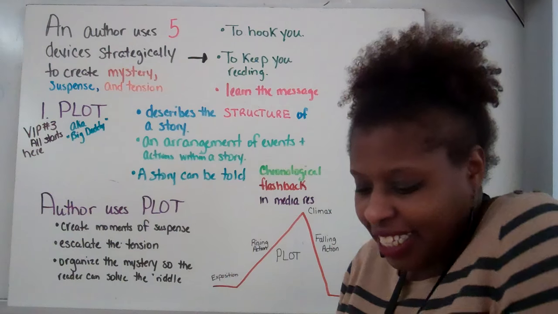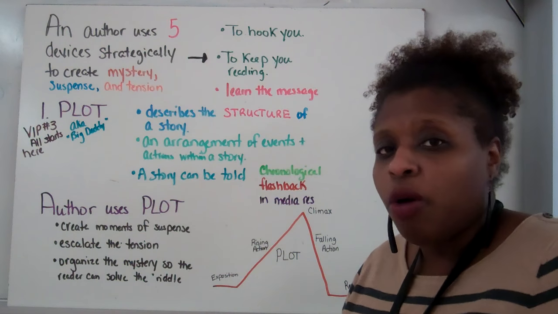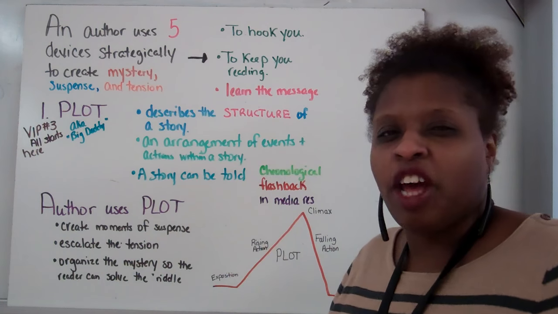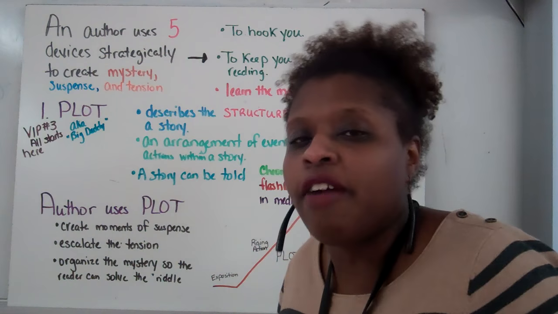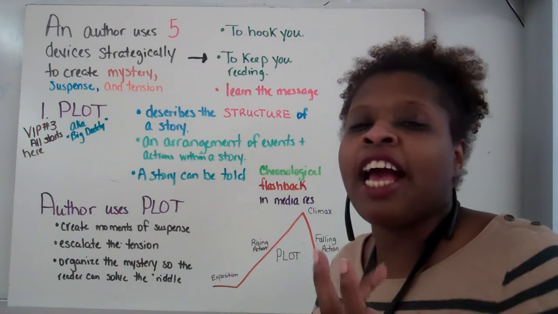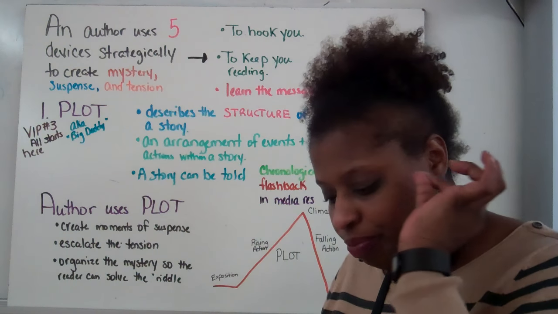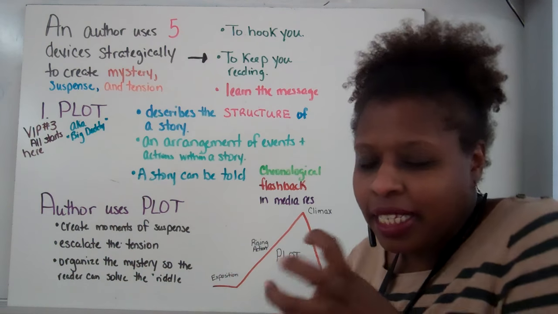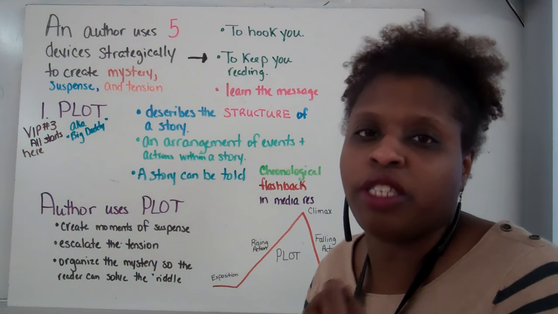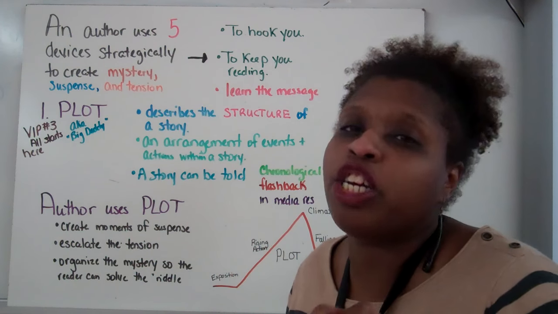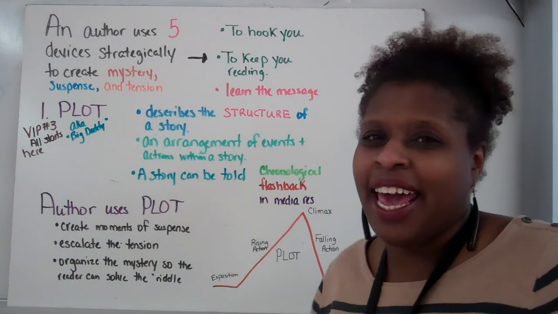Tension refers to that tense feeling the reader gets when reading a story. So, tension is used by the author to raise the emotional level of the reader as you're reading to, once again, keep you engaged. And then lastly, suspense, the anticipation the reader experiences when waiting on something to happen. A good horror movie uses all 3: mystery, suspense, and tension.